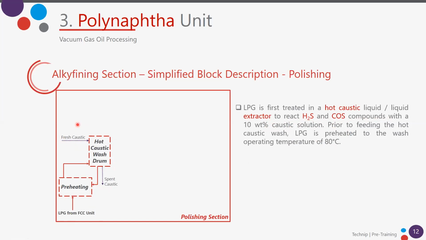Remember, caustic is sodium hydroxide, and this is a fresh caustic that we will have at 10%. Of course, we will have this spent caustic that we will send offsite for the treatment. And here, in this first step, we will remove H2S and COS, okay, with an appropriate temperature of 80 degrees.